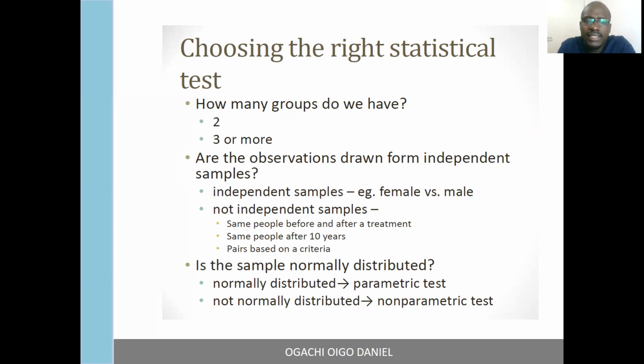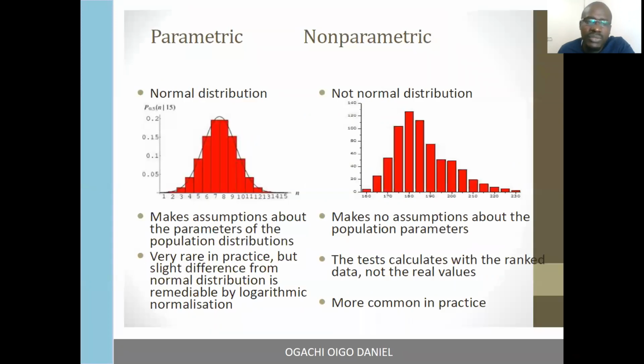Another one is checking whether the observation is from a dependent or an independent sample. And lastly, whether the data is normally distributed or not. If the data is normally distributed, we conduct a parametric test, and if it is not normally distributed, we conduct a non-parametric test. So parametric for normally distributed and non-parametric for not normally distributed.